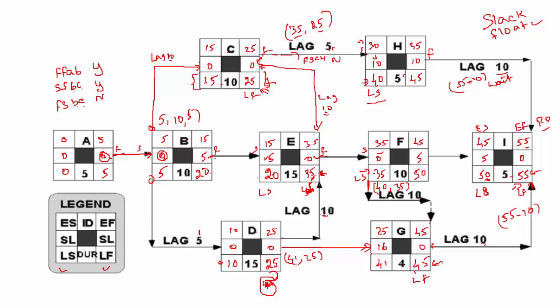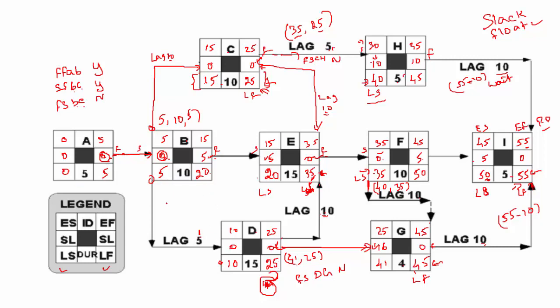Similarly, let's do DG. Finish to start, finish D, then start G. We got 0 and 16, so no, it is not critical. It should be 0 on both ends. So whenever you see 0, 0, critical; 5, 5, non-critical; 0, 10, not critical; 0, 0, critical.